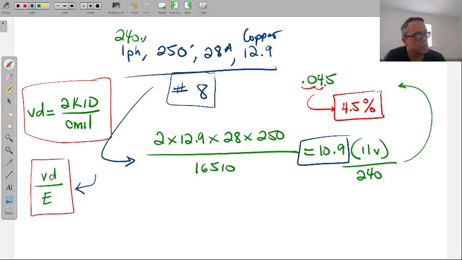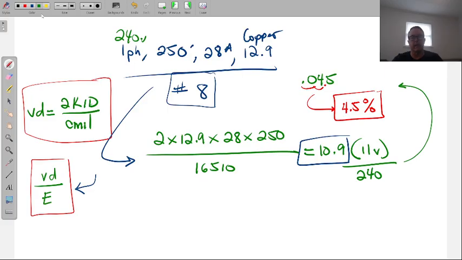How do I find the percentage of something? I divide, for example, if I have an exam and it's worth 100 points, but you got a 70, obviously this one's easy. I can find the percentage by dividing. So here's how we find the percentage in voltage drop.